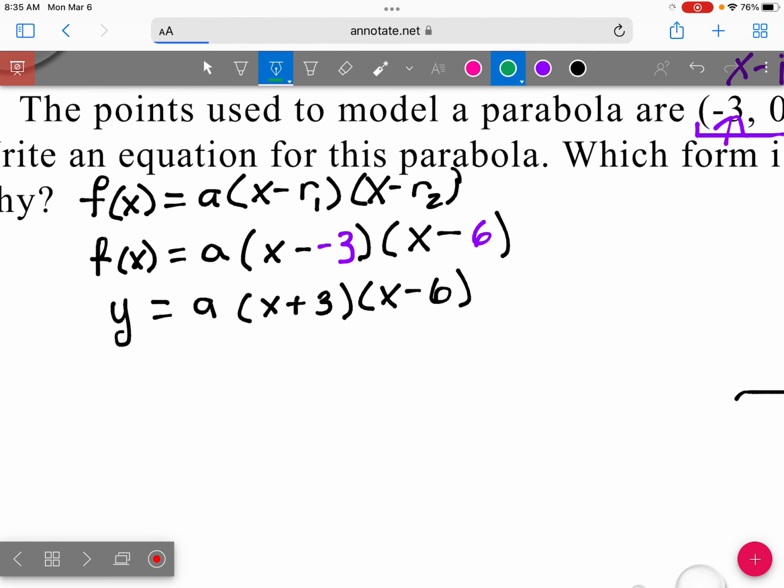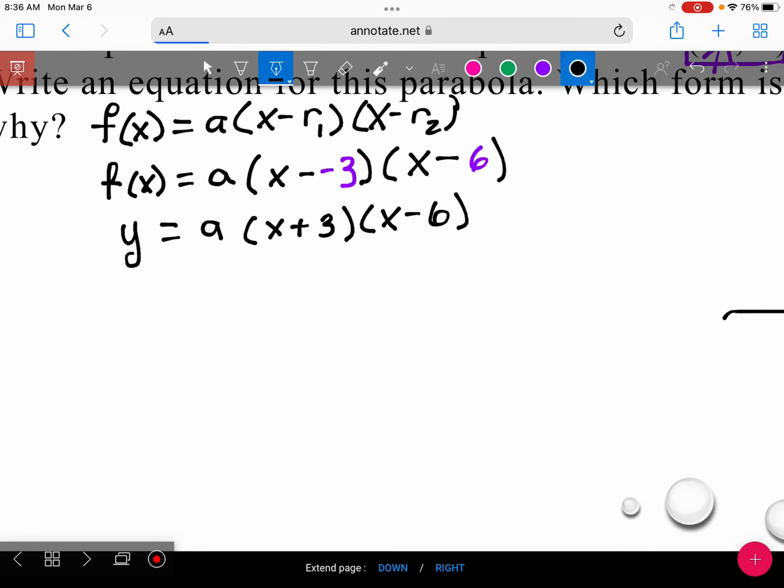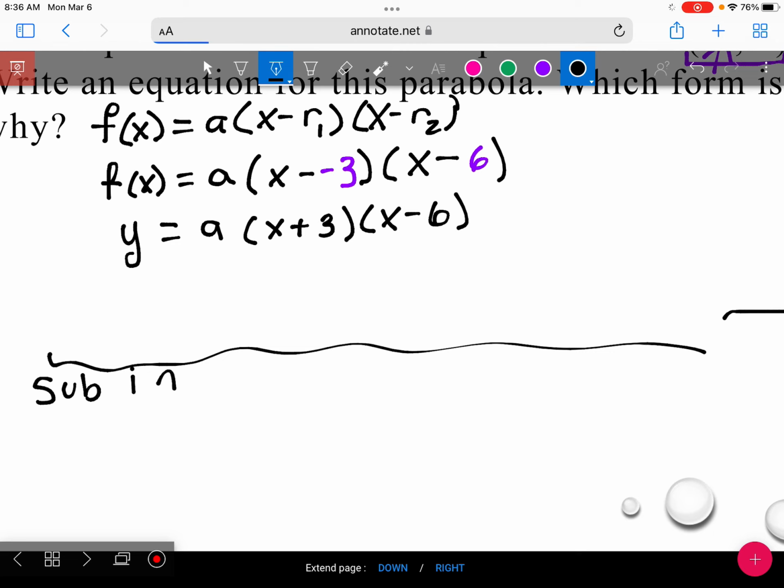What I can do with that in order to help with the equation, to figure out what this a value is, is do a substitution. Substitute it in to try and figure out what a is. So I'm going to come down here, give myself a little space, and we're going to sub in. It's 4, -5.